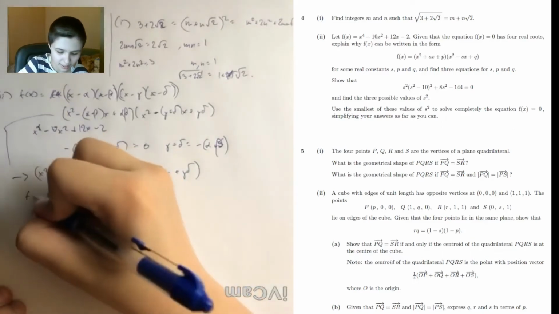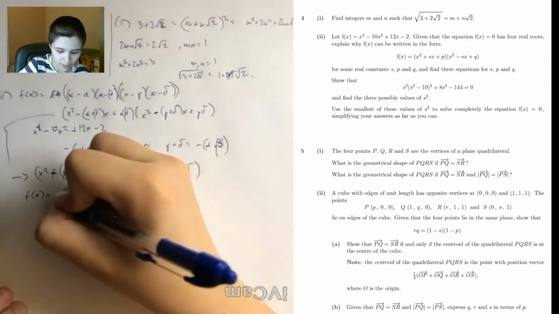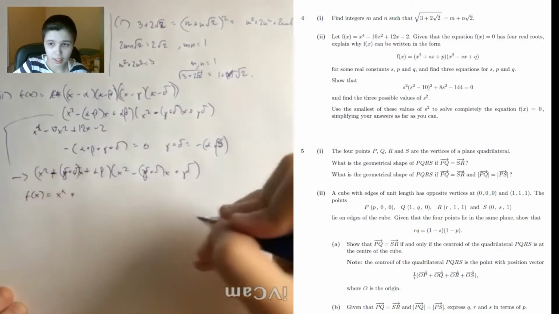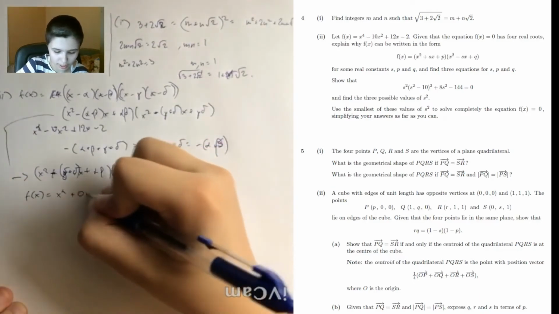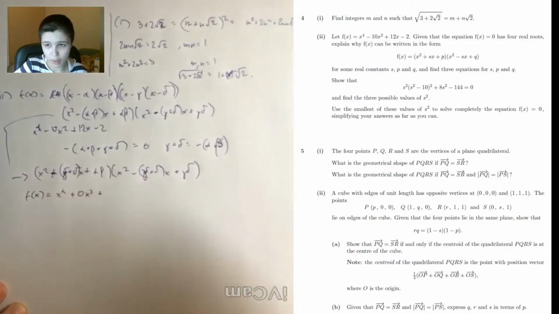So f of x is equal to x squared plus sx plus p times x squared minus sx plus q, and that's going to be x to the 4 plus (s minus s) x cubed, so that's 0x cubed as required.